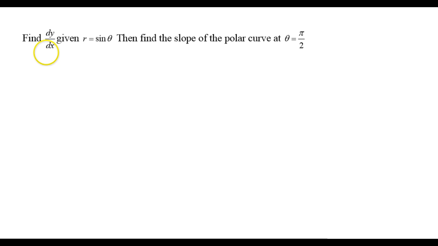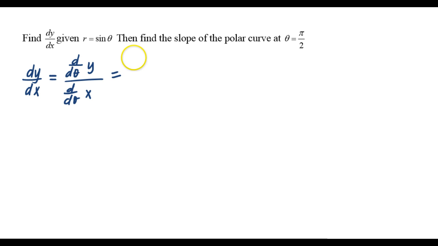Find dy dx given r equals sine theta, then find the slope of the polar curve at theta equals pi over 2. We're still being asked to find dy dx even though our polar function has no y's or x's in it. So we automatically think about this as doing d theta of y and then d theta of x.